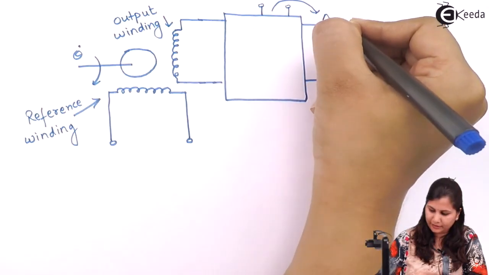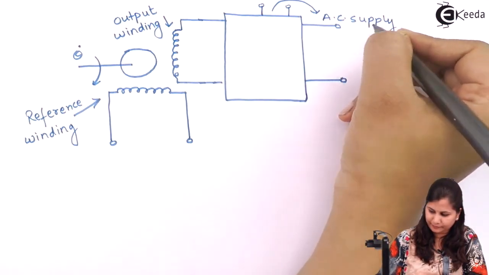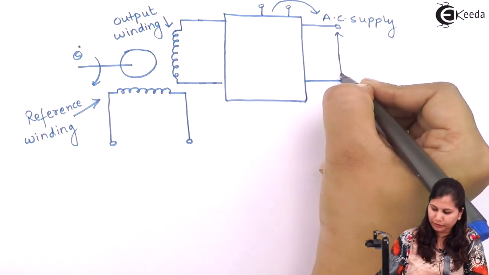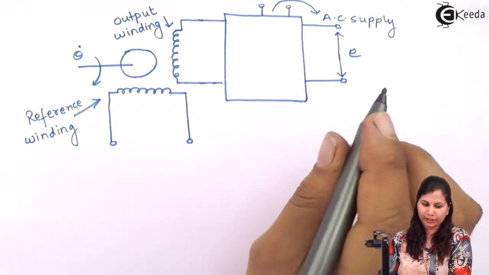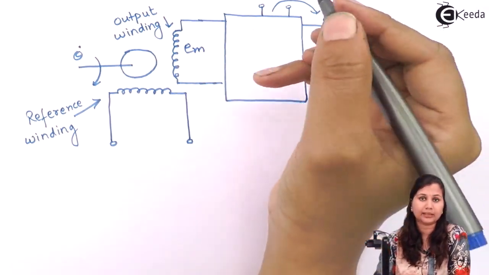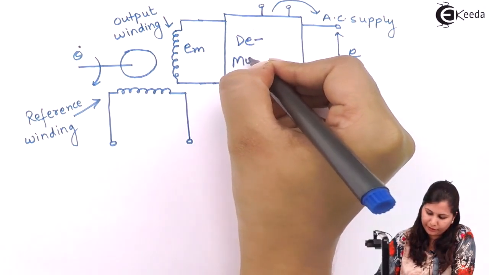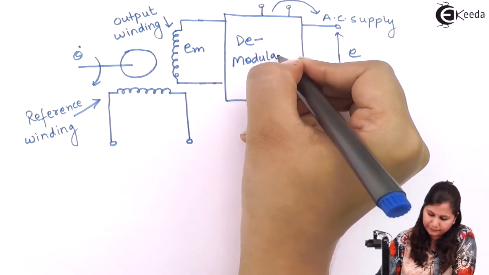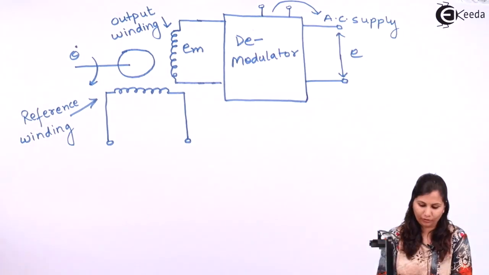Here we will give the AC supply, and these are the output terminals. So at the output we are going to get the output voltage E, and this is Em, the back EMF, and it is the demodulator.